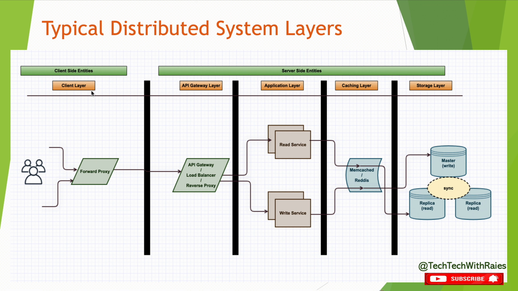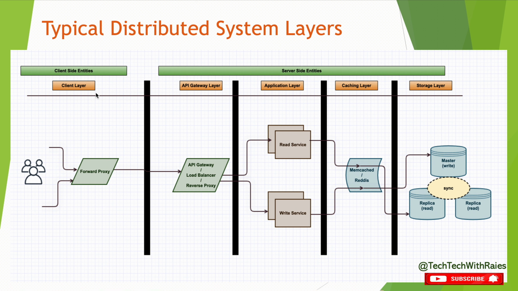Requests are initiated from the client side and go to the backend server via the API gateway, and the data is fetched from the actual storage and then returned back to the client. So this is the overall pictorial representation of the different distributed system layers.